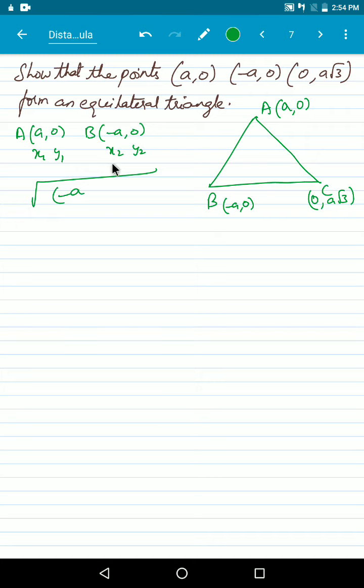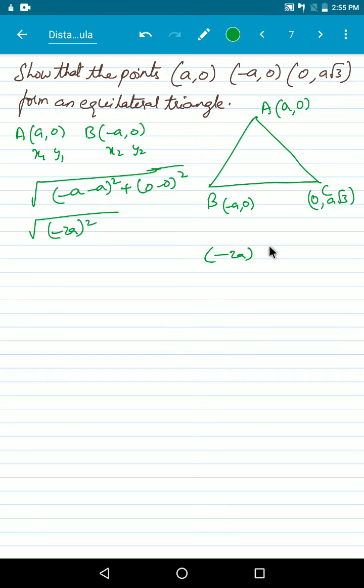So it is minus a minus a whole square plus y2 minus y1. So this is 0 minus 0. We need not worry about that. We have minus 2a whole square. Minus a minus a is minus 2a. Now students will cancel this root and square. Okay, see, first square this.